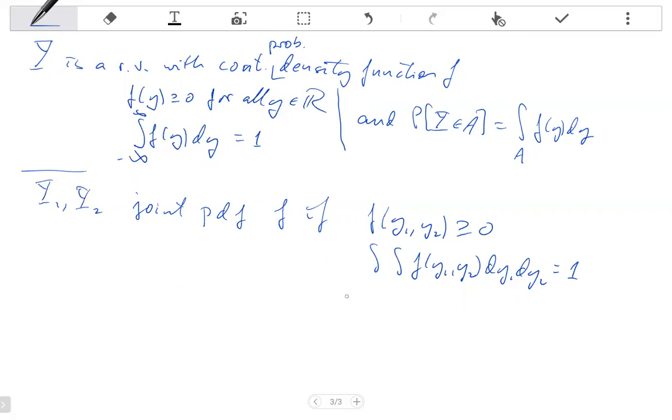And here we have a corresponding criterion: the double integral over the set A, f of y1, y2, dy1 dy2 is equal to the probability that the pair y1, y2 is in the subset A of the plane. The same thing happens in n dimensions, in which case you simply have an n-dimensional integral.